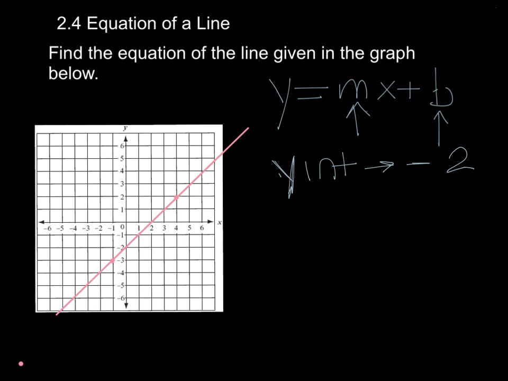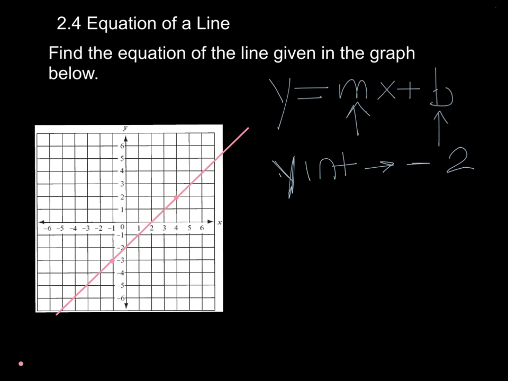Secondly, we'd like to talk about our slope. So when we look at our slope, we want to be able to count the rise over the run. So if we look at this, starting right here at our y-intercept, we're going to go up 1, 2, 3, 4 places, and over 1, 2, 3, 4 places.